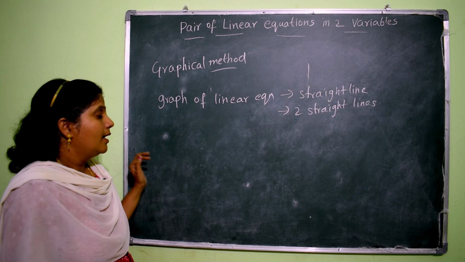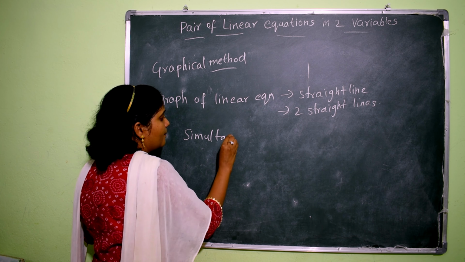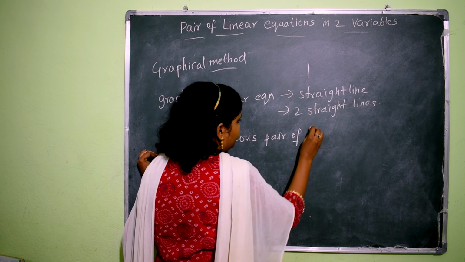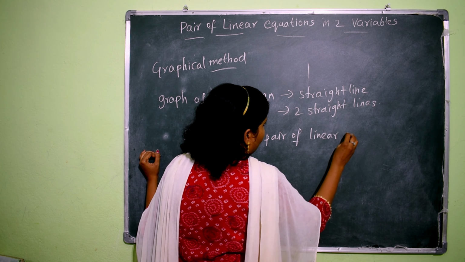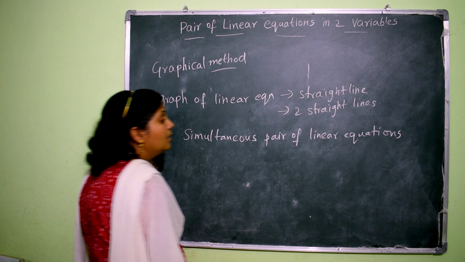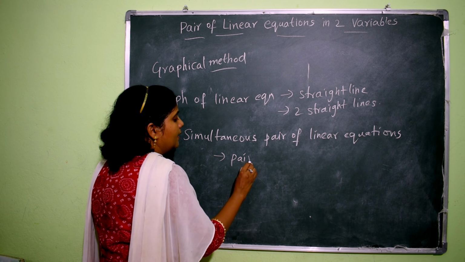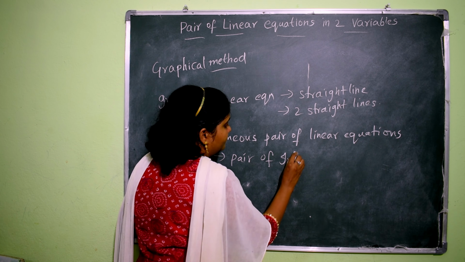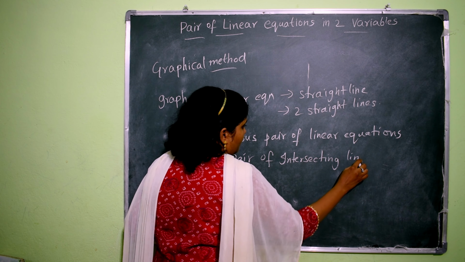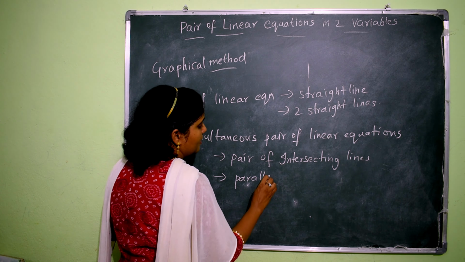So for the simultaneous pair of linear equations, we will get this type of lines, that is pair of intersecting lines, parallel lines and coincident lines.